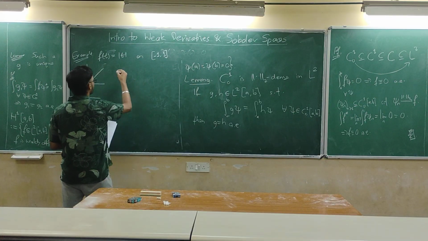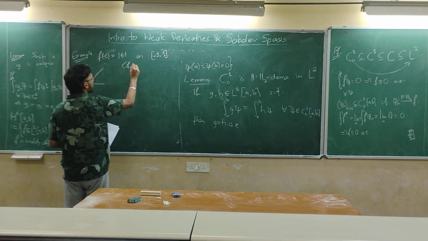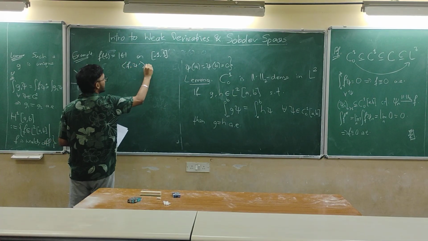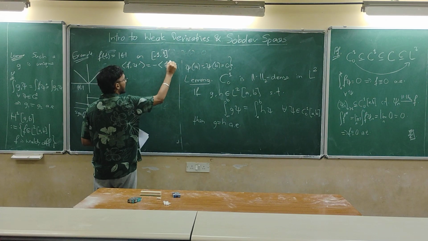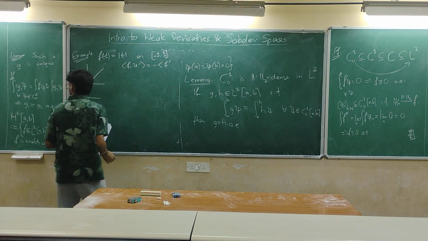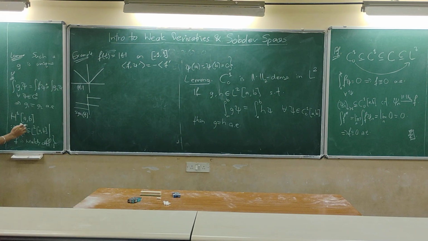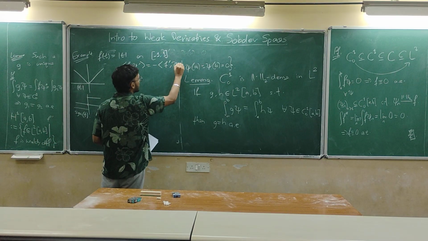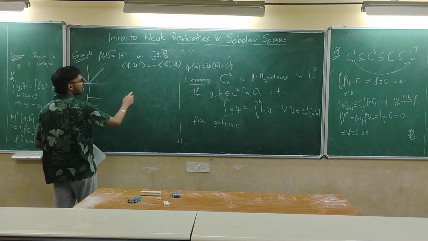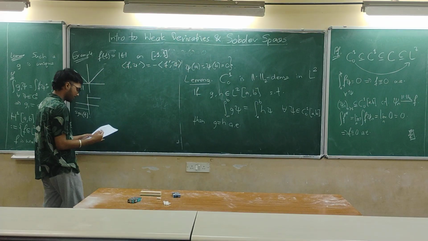So to show this, we have to show that f' is satisfied by this. Let's say f'. Another thing, for weak derivatives we also write f' to denote the weak derivative of f. So it is better to show that the sign of t satisfies this identity.